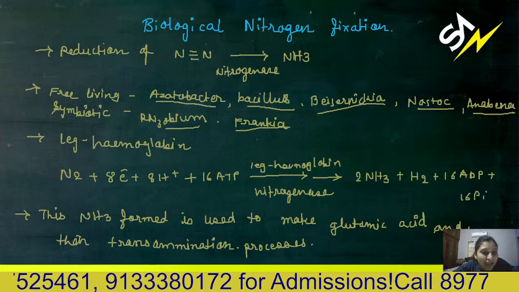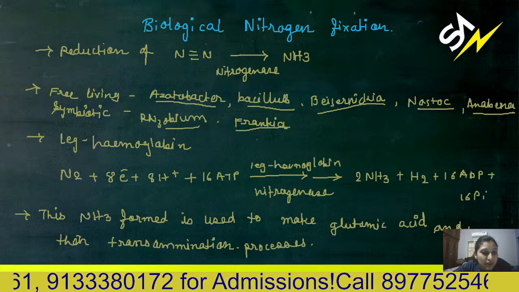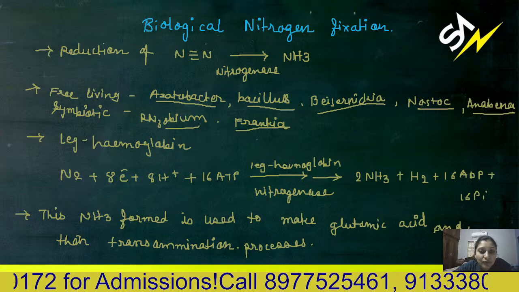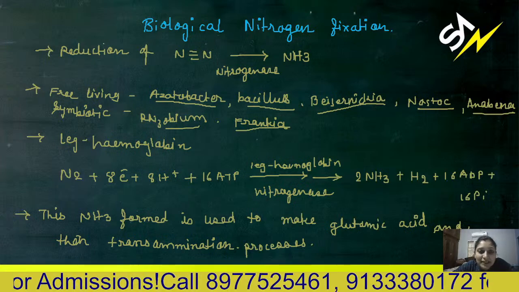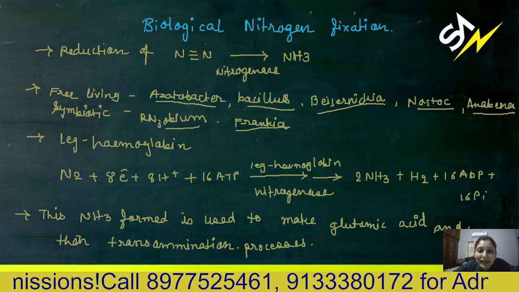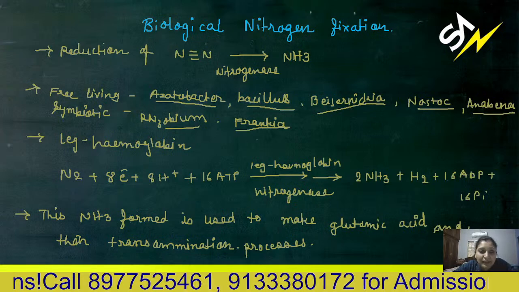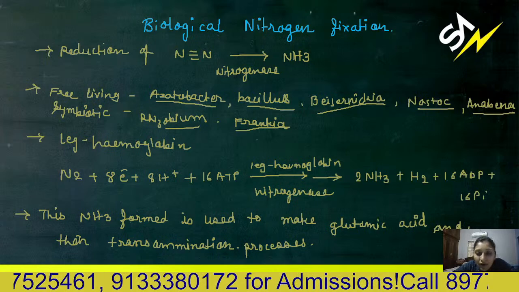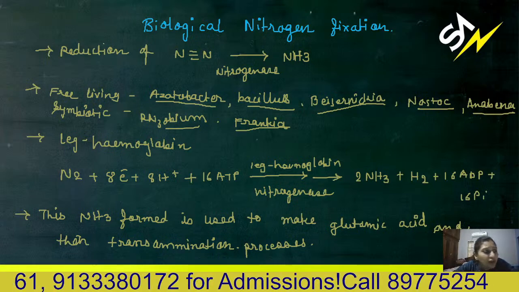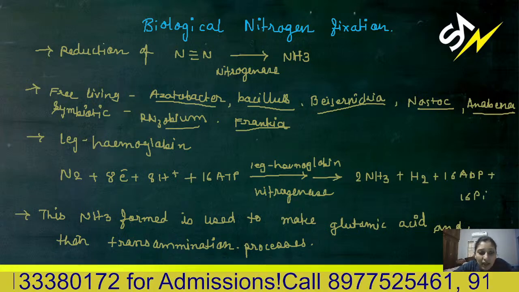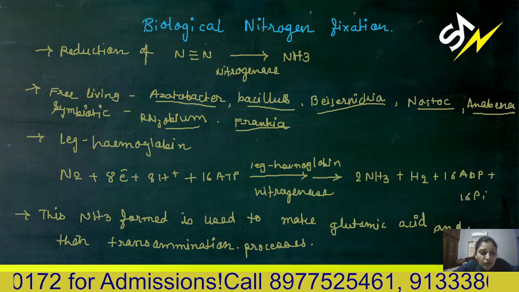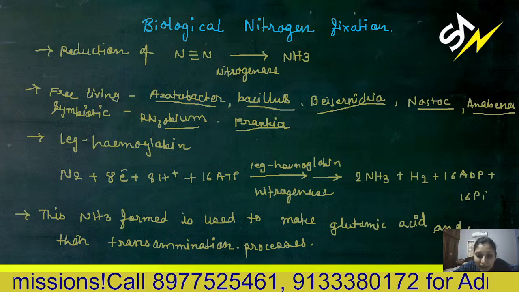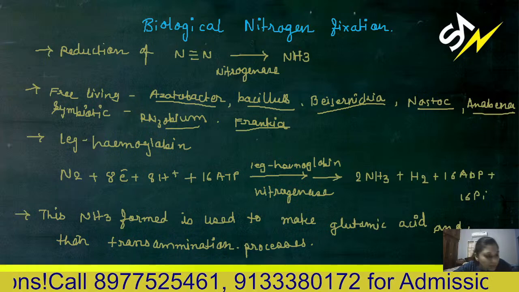Leghemoglobin is required for this. It is a scavenger of oxygen, because the nitrogenase enzyme can function only in anaerobic conditions, but in the case of Rhizobium, they are aerobic organisms when they are free living. So they have leghemoglobin, which acts as a scavenger of oxygen.